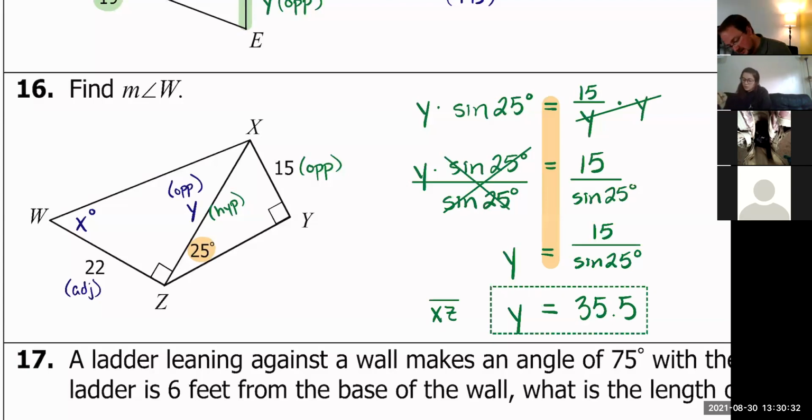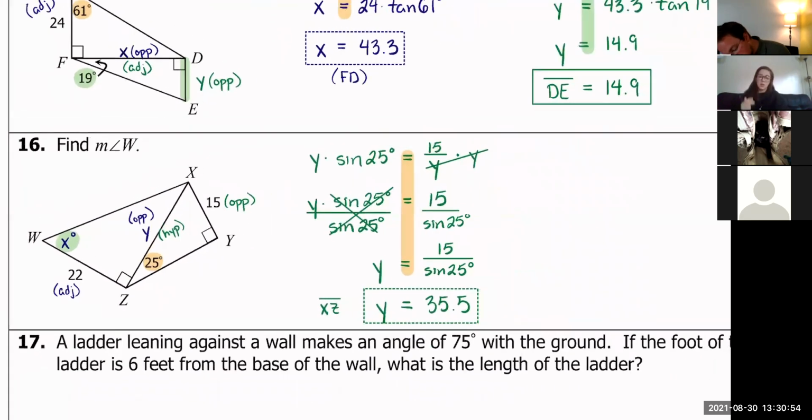So I'm going to slide over here to my second one now. Using the angle that I'm looking for as my new focal point, I already labeled the pieces that I had and the piece that I need. I have the opposite now. We already knew the adjacent leg. Which trig function am I going to use here? Tangent.